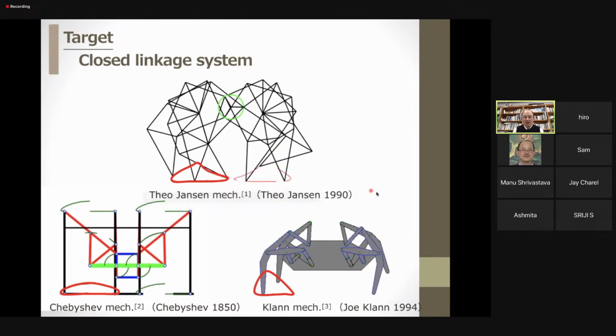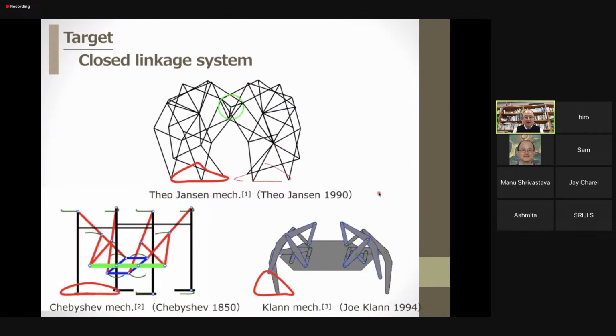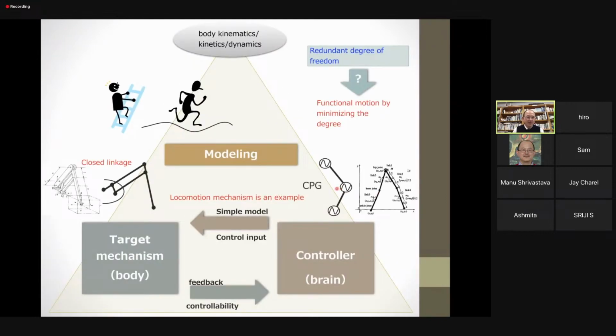I was so interested in Kazuko's model, the S-kind model, to represent our brain-body issue. Closed linkages are a kind of target mechanism body. Then we usually think about neural computation to control this motion, but modeling is also possible to provide functional motion by adding constraints.